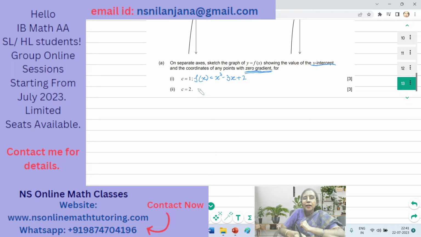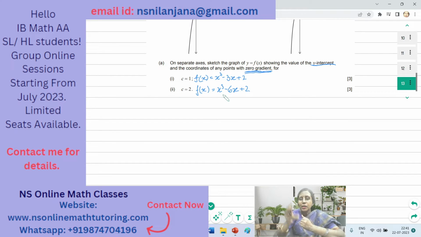And for this, f of x equal to x cubed minus 3c, which is minus 3 times 2, which is minus 6. We have found the two expressions and we will be just graphing these two.